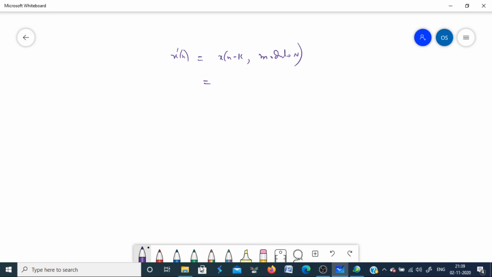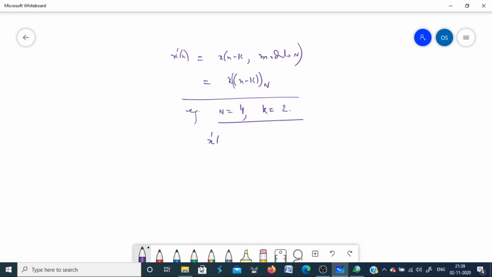For example, in the previous case you have n is equal to 4, the length of sequence, and k was 2.